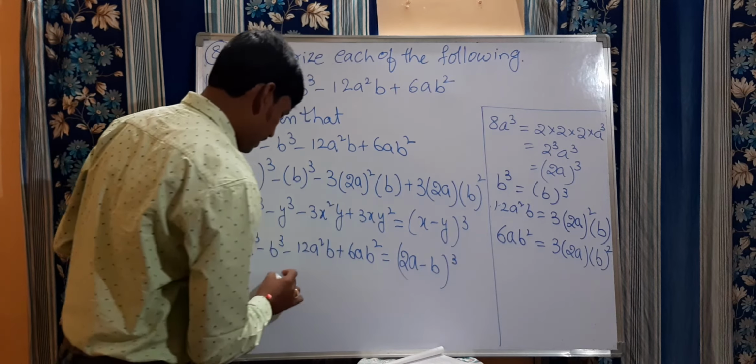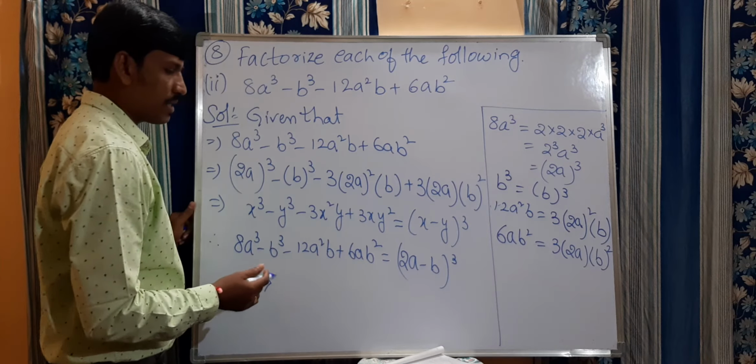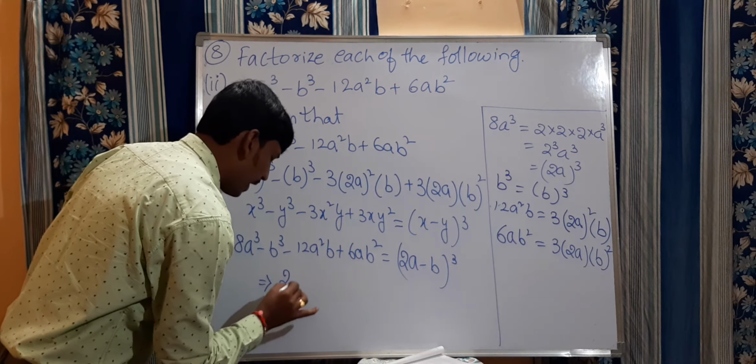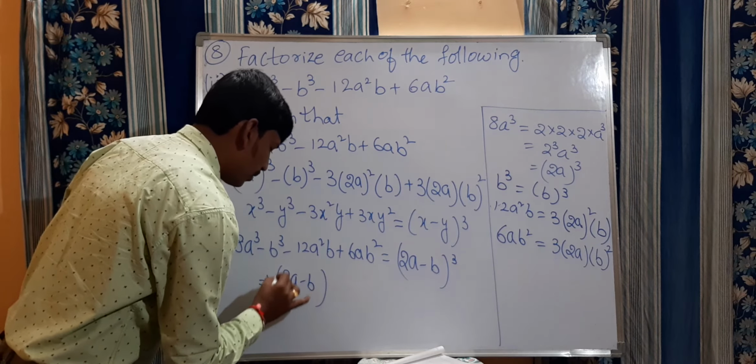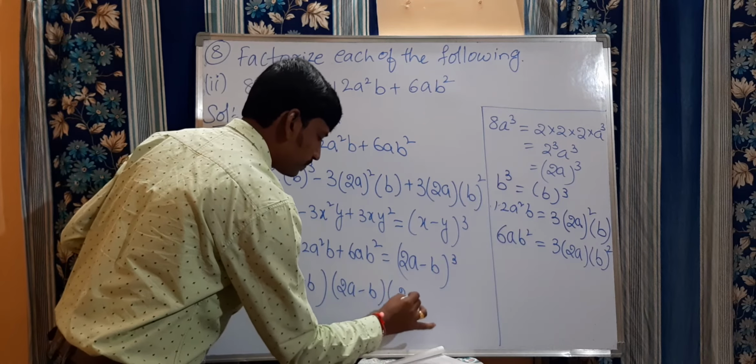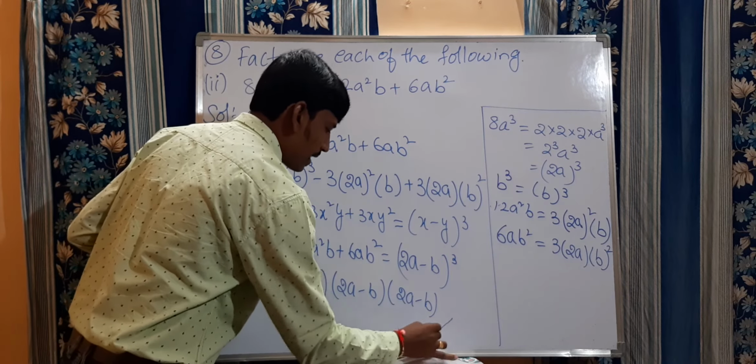Now you have to multiply 3 times, since they are asking to factorize. So 2a minus b into 2a minus b into 2a minus b. So this is your answer.